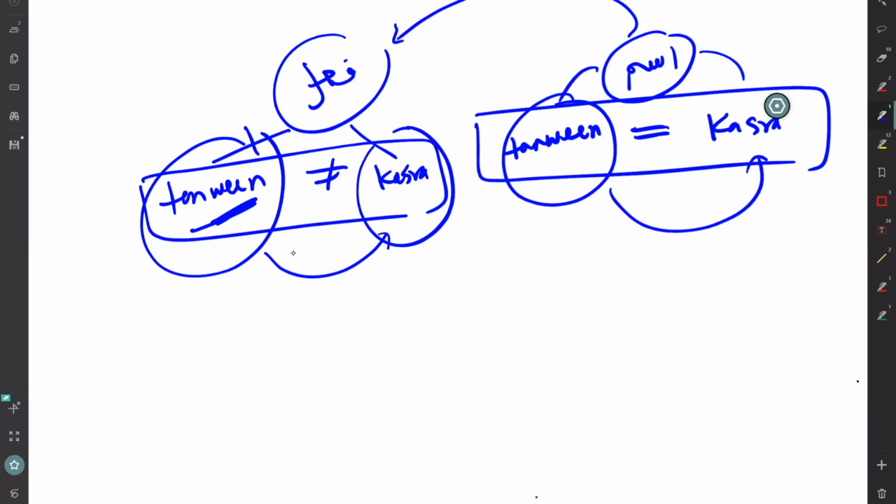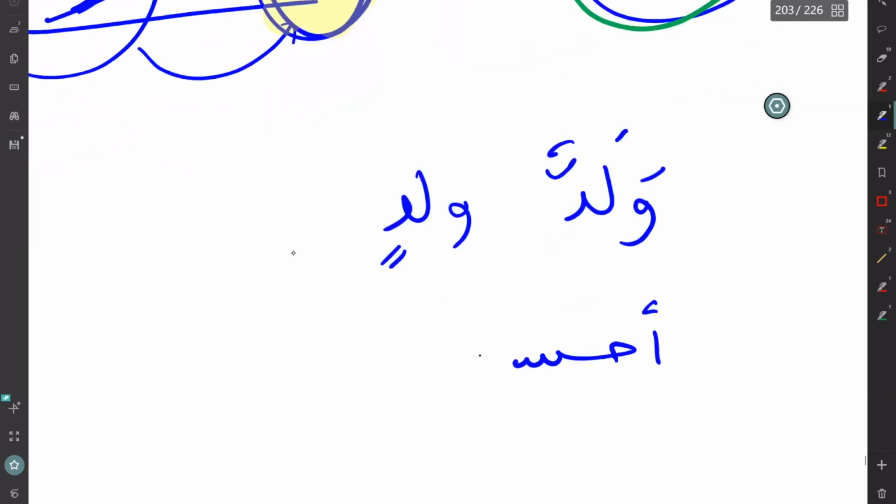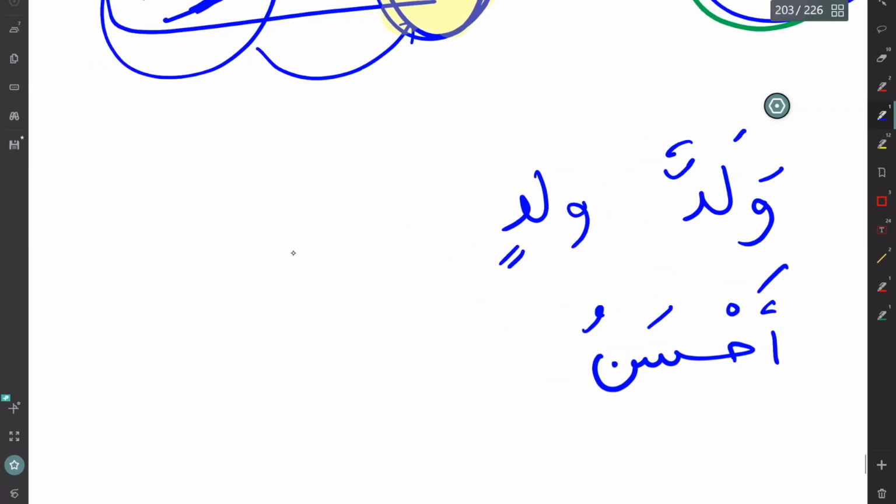You understand this concept? When we have waladun with tanween, we can say waladin. But when we say ahsan, we cannot put tanween here, for all the reasons that we studied last class. So we cannot put a kasra, we say ahsana. Instead of kasra, we put a fatha.